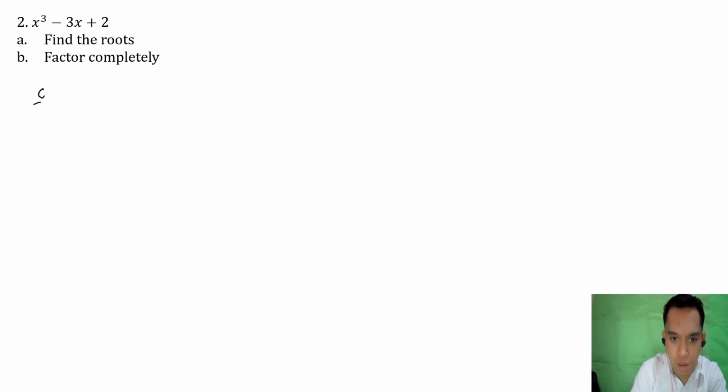So that is C over D. So our C here is this 2, and our D is still 1. Our D is still 1, the one beside the x cubed.